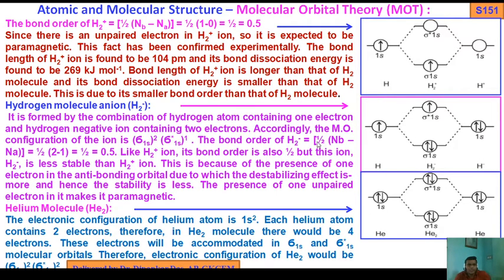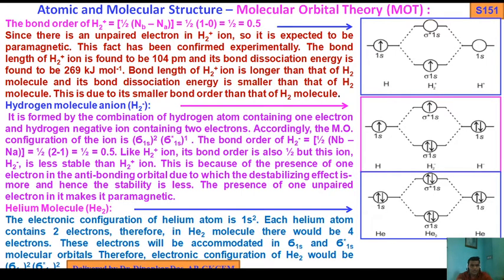Accordingly, the MO configuration of the ion is sigma 1s squared, sigma star 1s to the power 1, because the antibonding MO contains 1 electron. So the bond order of H2 minus will be half of Nb minus Na, that is half of 2 minus 1, that is 0.5. So in case of H2 plus and H2 minus, the bond order is the same, 0.5.